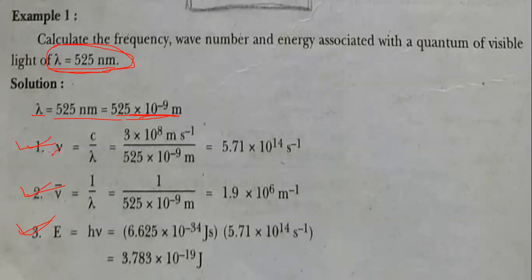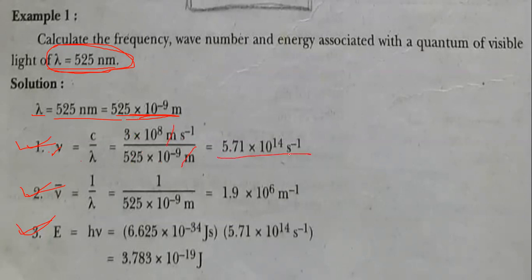Now what we are going to find first is the frequency. What is the frequency? c upon lambda. The speed of light is 3 into 10 raised to 8 meter per second, and the wavelength is 525 into 10 raised to minus 9 meter. Meter gets cancelled.